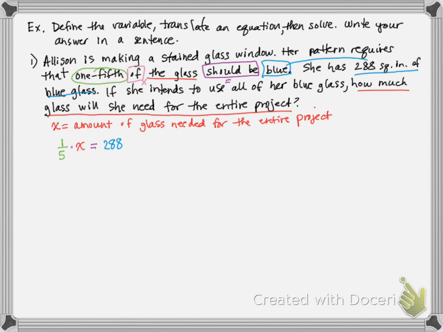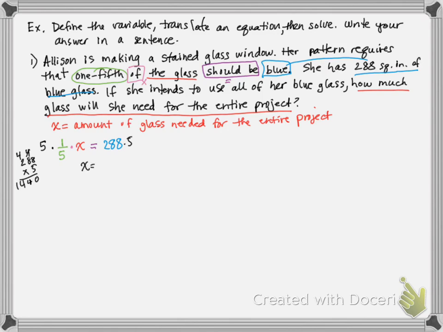So to solve this bad boy, we're going to do inverse operations. Now, normally the inverse of multiplying would be dividing, but because I have a fraction, I'm going to multiply by the reciprocal, which means I'd multiply both sides by 5. So off to the side, I'm going to do 288 times 5. So you get a 40. 40 and 4 is 44. 10 and 4 is 14.